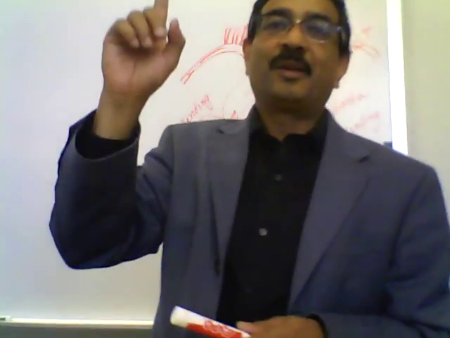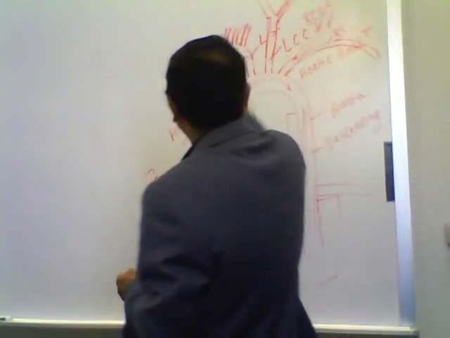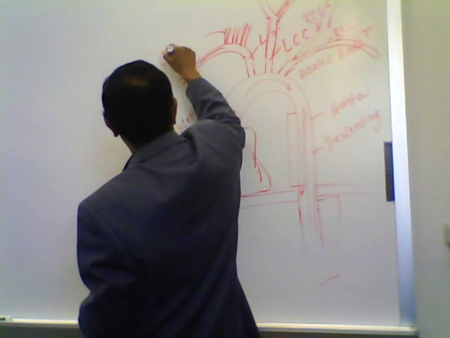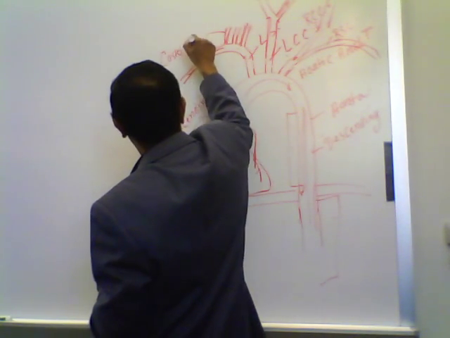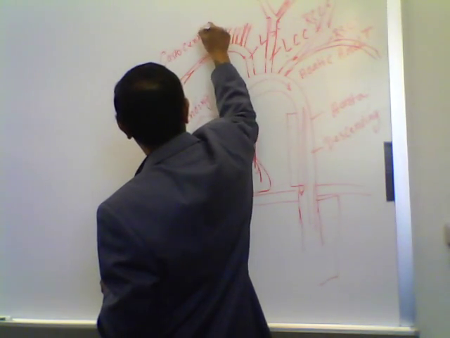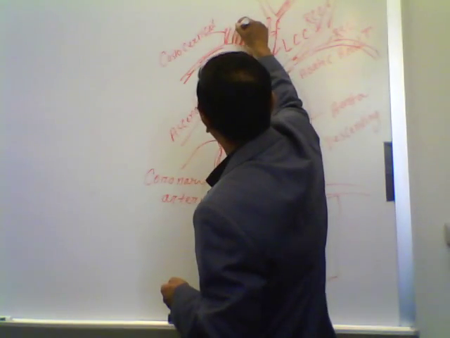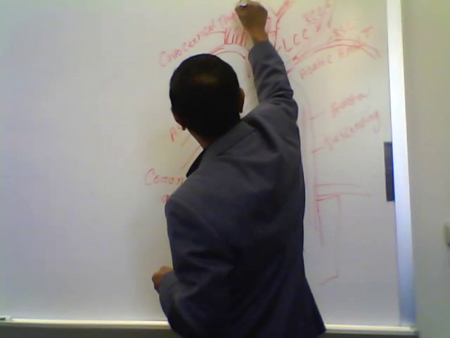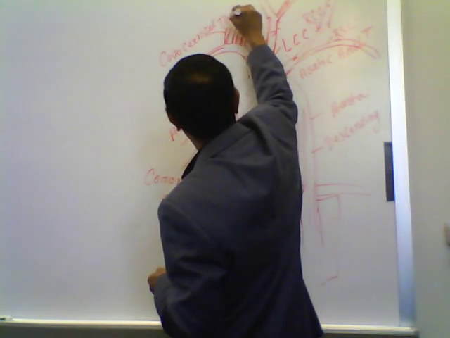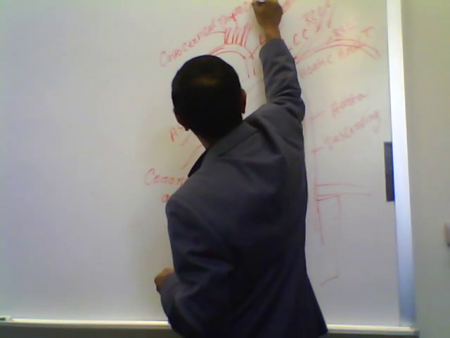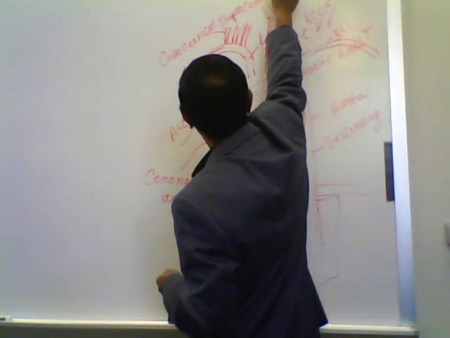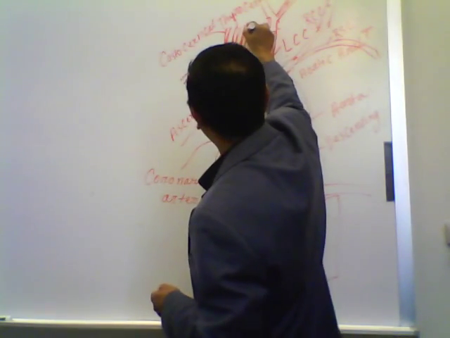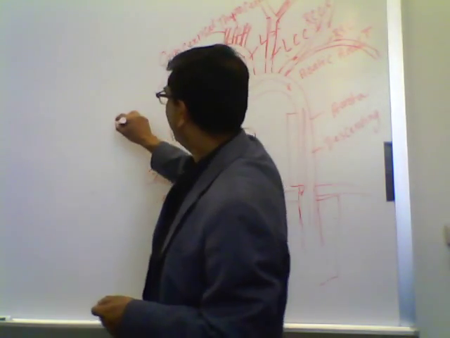And one is costocervical. Another is thyrocervical. Thyro, T-H-Y-R-O. Cervical. I can't write there. And another is vertebral.